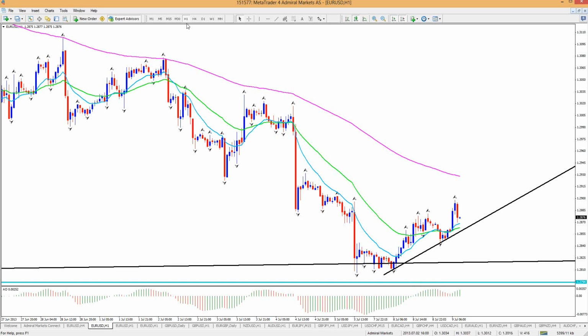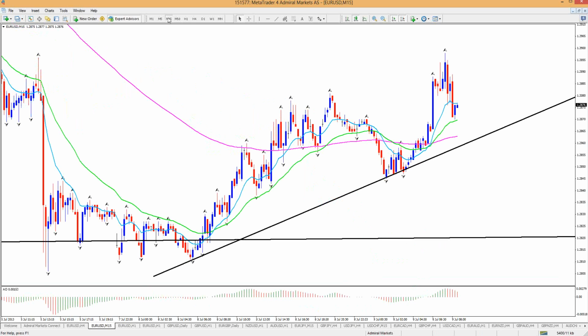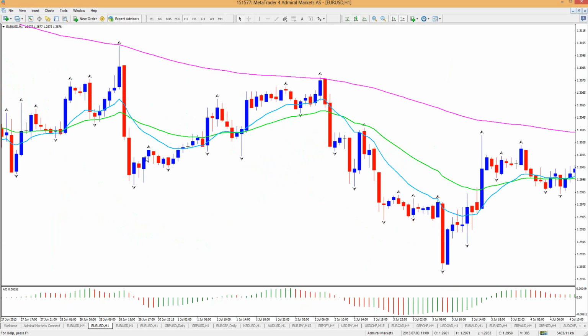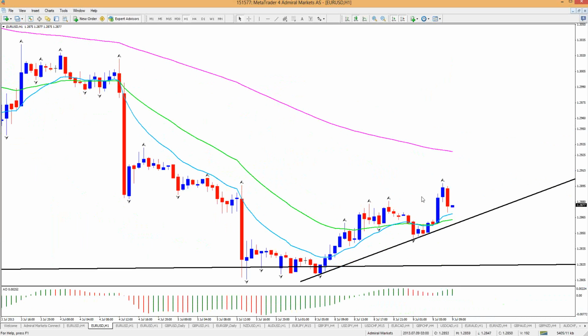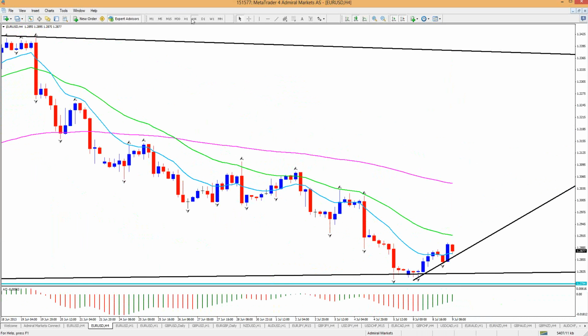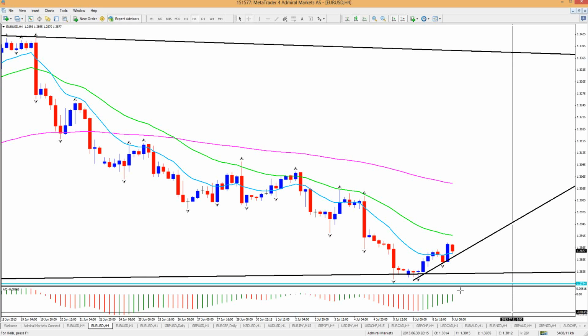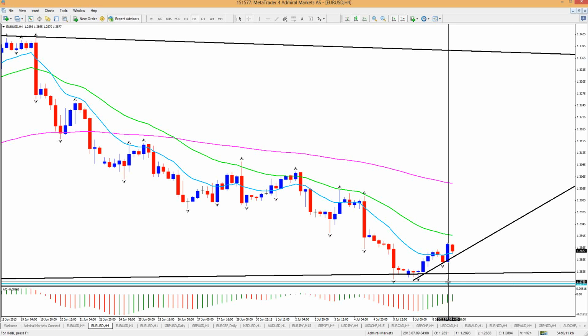So 1 hour chart here, that's looking pretty good to me, to be honest. Let me take a look at the 4 hour chart. So the only problem is this 4 hour chart still.